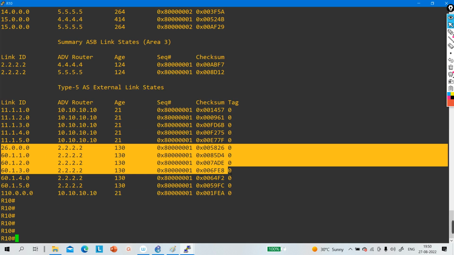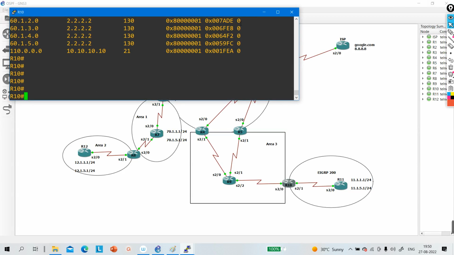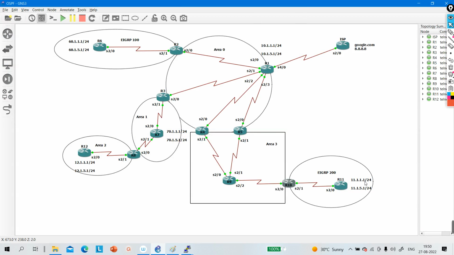And these external LSAs are generated by router 2. Now in the same way, in the database of router 9 there will be LSA 5 of router 10 also, and LSA 5 of router 2 also. Router 2 is the ASBR, so router 2 will generate LSA 5.